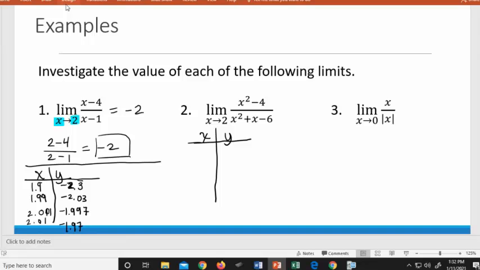I would choose 1.9, 1.99, etc. And from the other direction, let's make this 2.1, 2.01, 2.001.